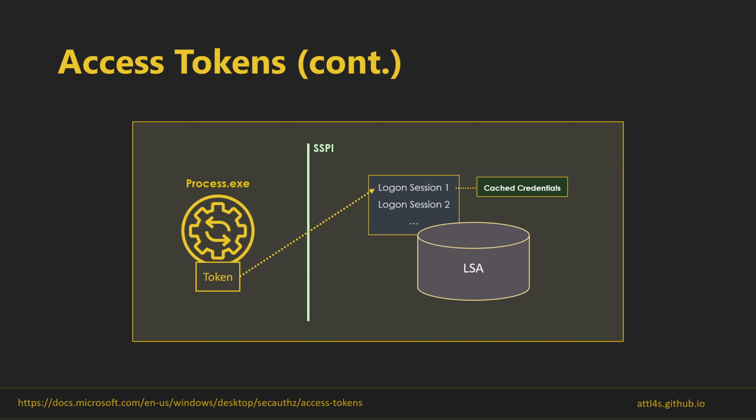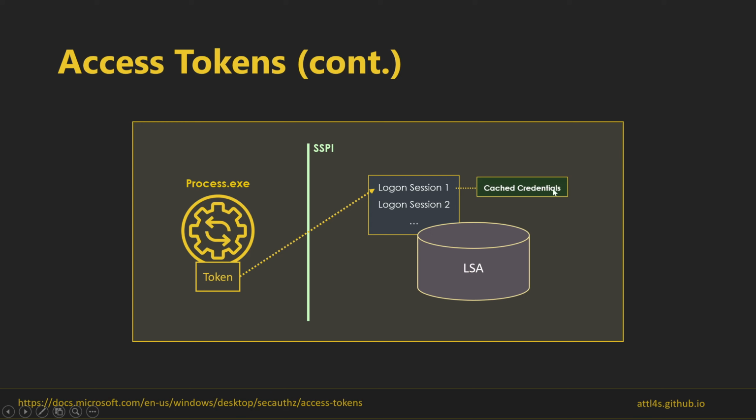Something like this. We may have a process with a token, and this token might be for the Bulma user and represents all the security context of Bulma. And then this token has a Logon session identifier which points to, for example, Logon session 1. Logon session 1 may have cached credentials.